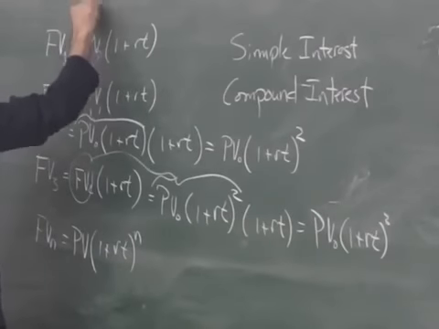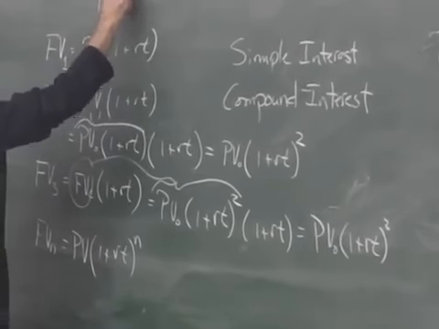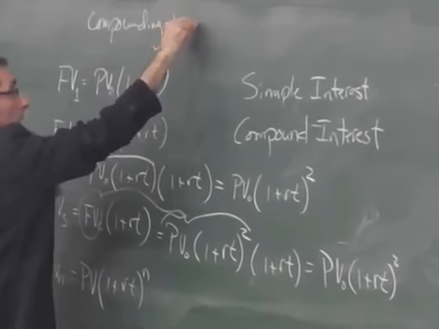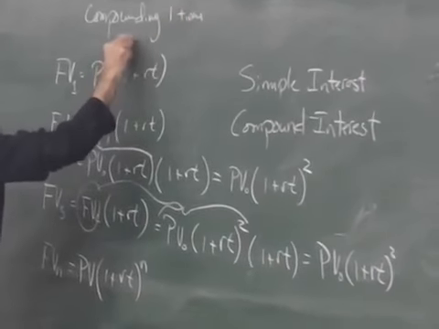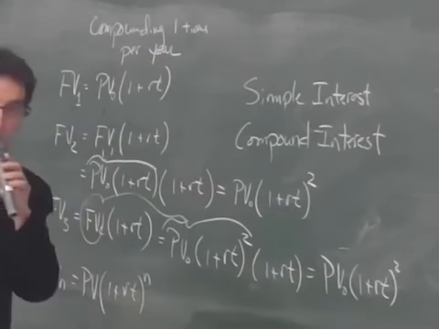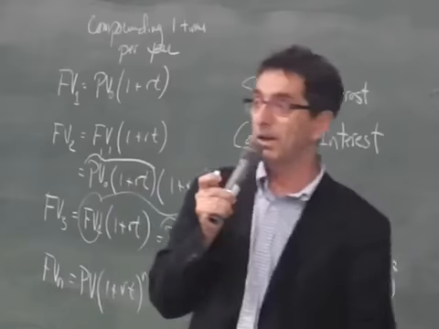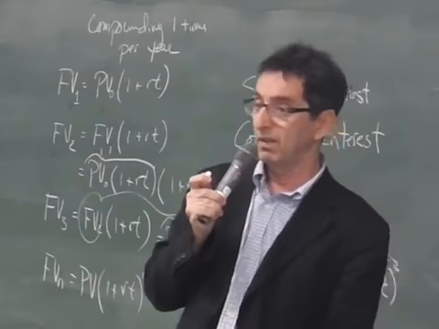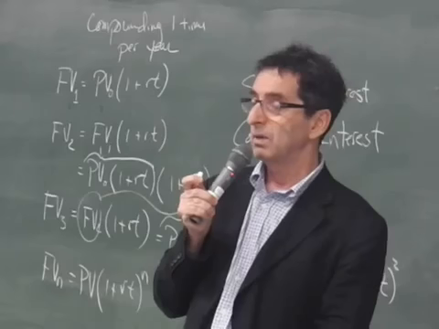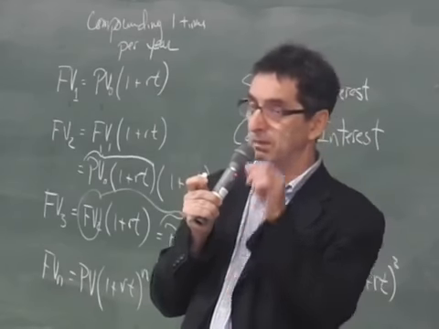Okay, let's see it. So this was compounding one time per year. But we want to allow a little bit more flexibility and allow for compounding more than one time a year. So by the way, what does the word semi-annually mean?